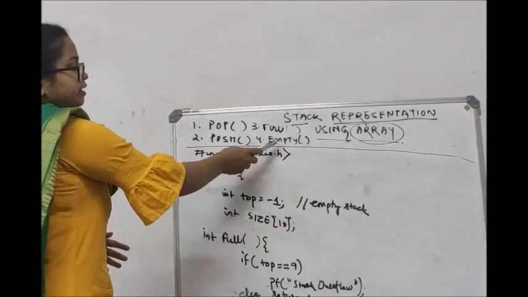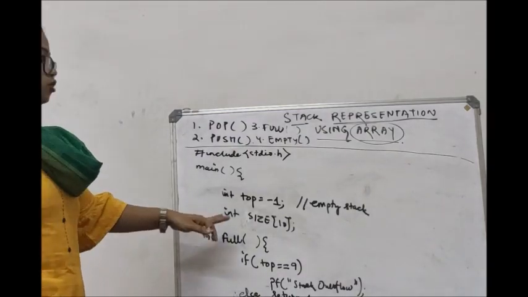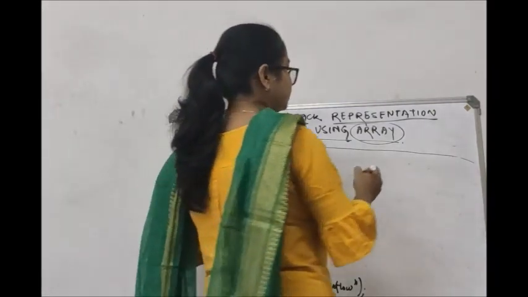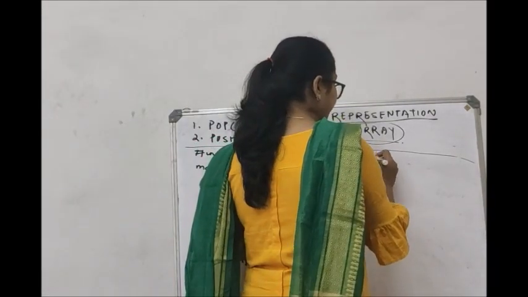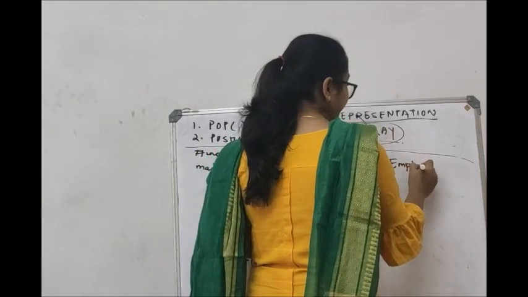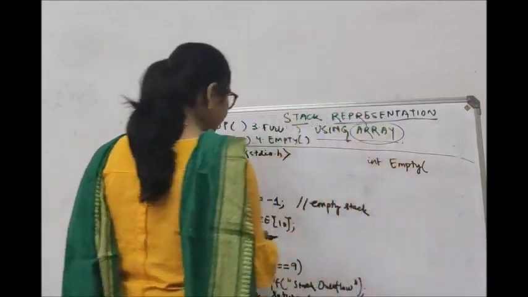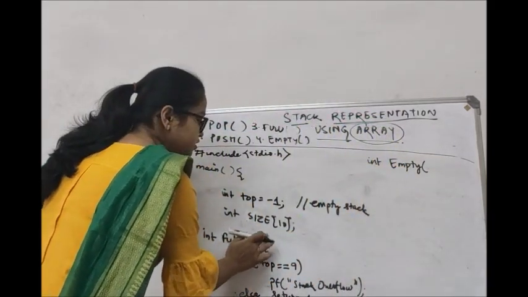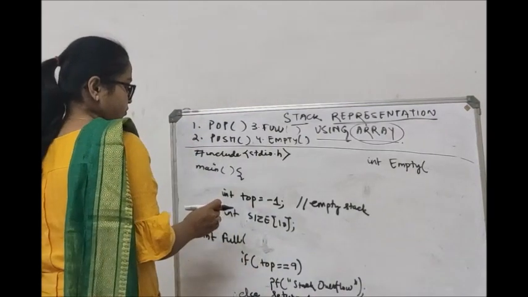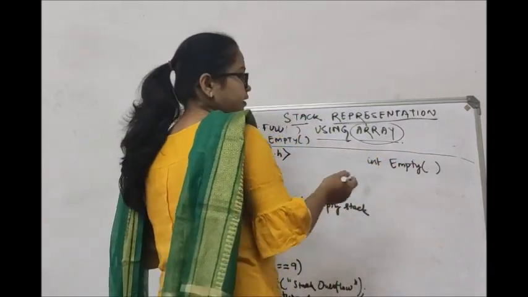Similarly, we will define the is empty function. Whether the stack is empty or not, the logic inside it will decide. So let's write the logic for this. Int empty. No argument is needed.